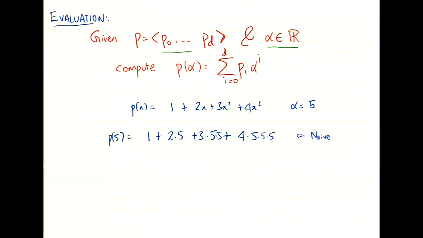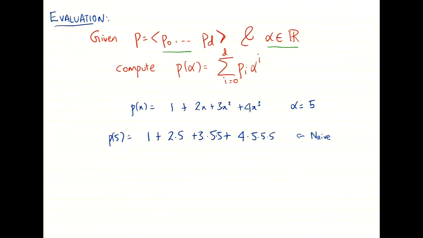So you take order of d squared, where d is the degree, quadratic time. Because you have these numbers you need to compute, alpha, alpha squared, alpha cubed, and to compute alpha to the i, you're doing i multiplications. So your summation of i is quadratic in n.